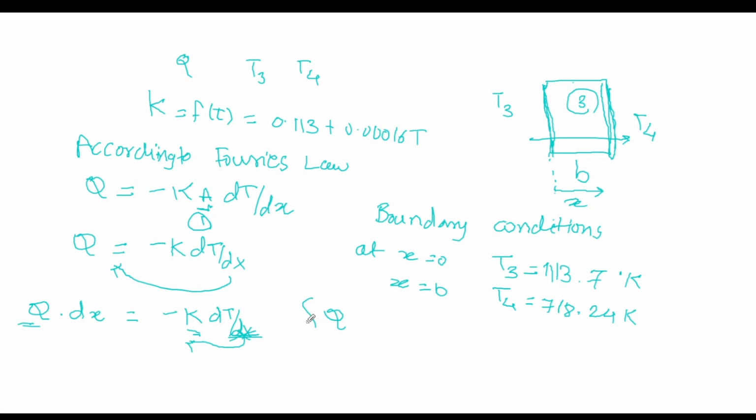Now we will integrate this equation. That is, integration of Q into dx, x from 0 to B, will be equal to minus of integration of K, where we substitute the value of K, that is 0.113 plus 0.00016 T into dT. Here T varies from 1113.7 to 718.24.